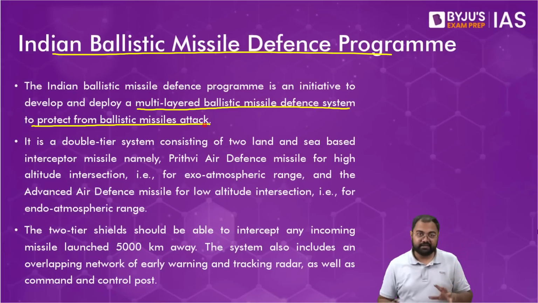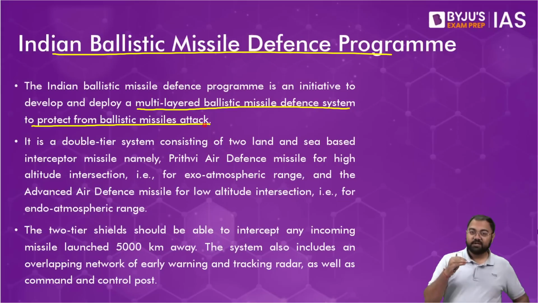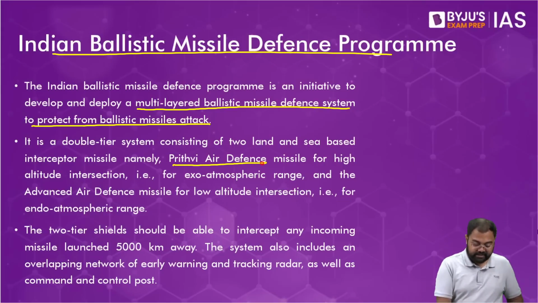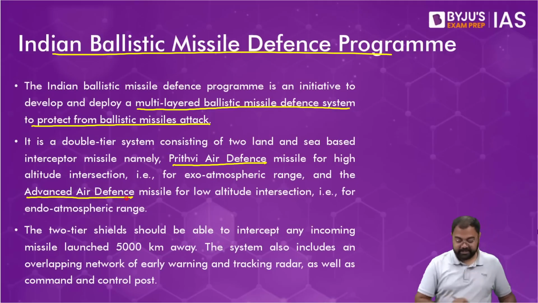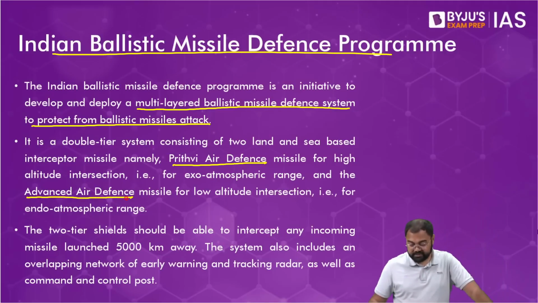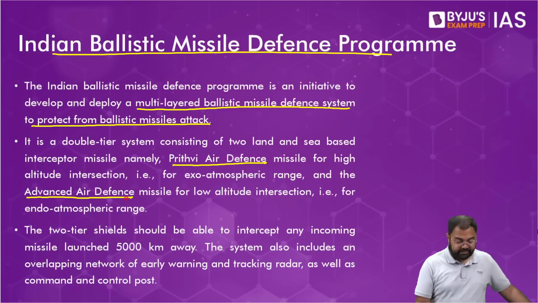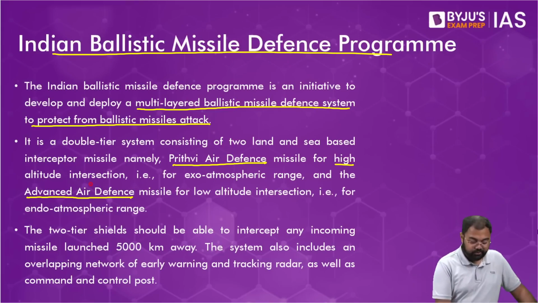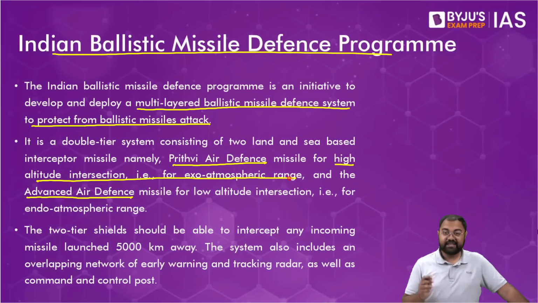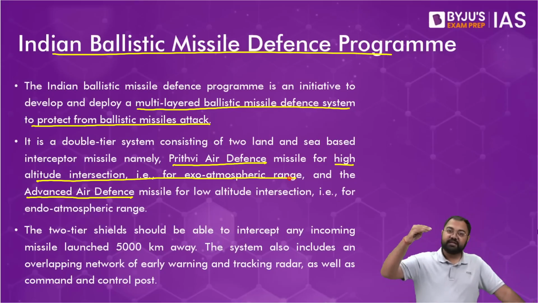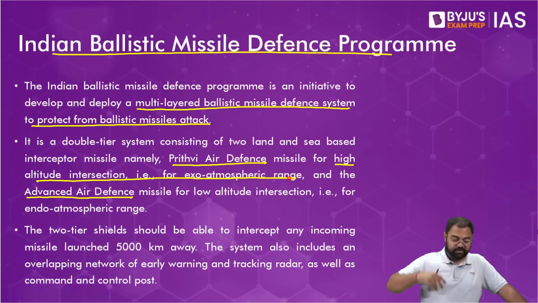And what India did is that we made a multi-layered defense system, where we basically have two systems. One is the Prithvi air defense, and the second one is called the advanced air defense. In case of Prithvi air defense, this is required for high altitude interception, that is exo-atmospheric range, meaning that we are going above the atmosphere, or towards the higher part of the atmosphere.